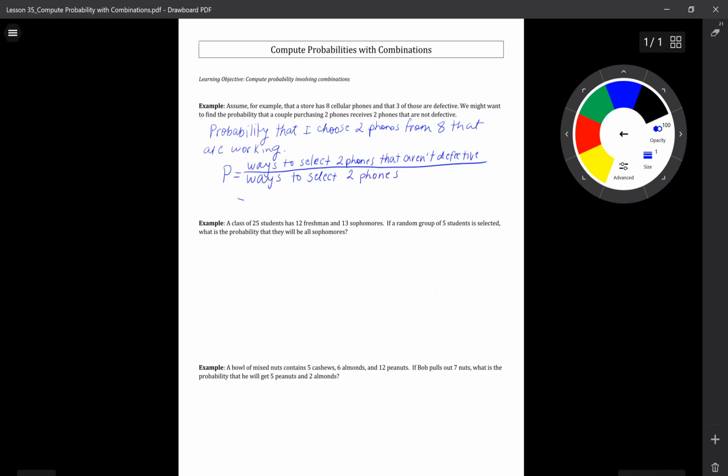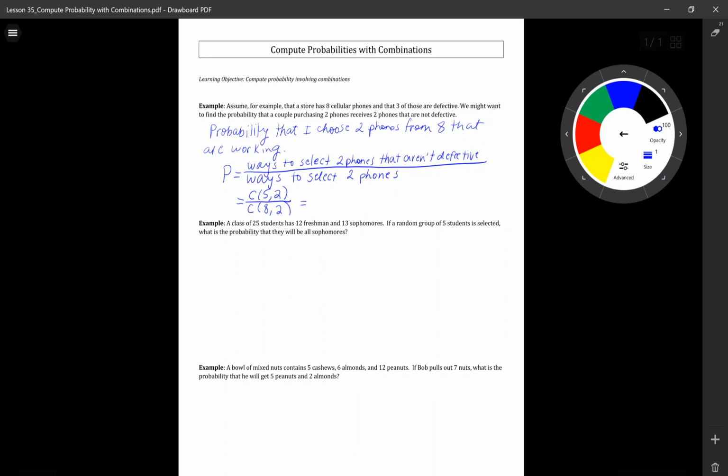Well, if I look at the top here, the ways to select 2 phones that aren't defective, I have 5 phones that aren't defective. So this is choosing 2 from 5 that aren't defective. So this is C5, choose 2. And then on the bottom, I am selecting 2 phones from 8. So that will be C8, choose 2. So let's see.